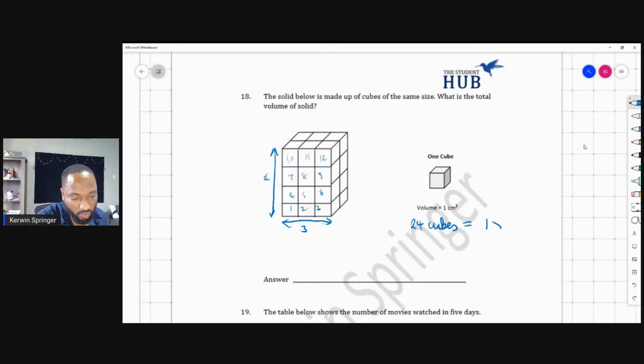And since 1 cube is 1, then 1 times 24 is 24. Now, if they had said each cube was 2 centimeters or 4 centimeters, or maybe 9, then you'd have to multiply the 24 by 9, but you don't. So it's just 24 centimeters cubed.